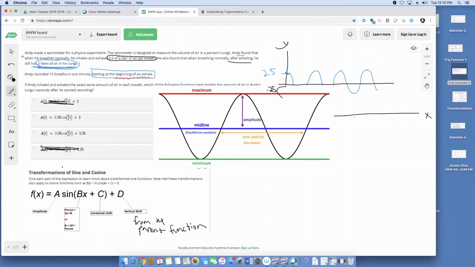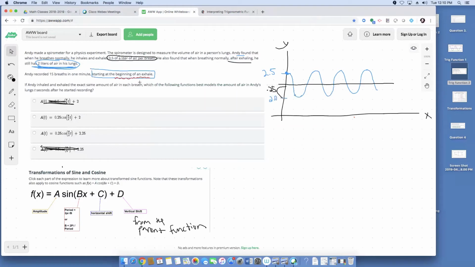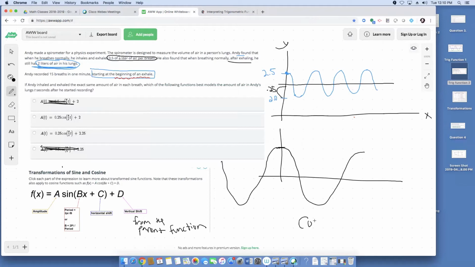I'm going to get rid of this because we really don't need it anymore. So remember what the parent function looks like. I'm going to try and do it like that. So the midline on the parent function, you can look at a parent function that looks a lot better than this. This is cosine, just regular old cosine of x.